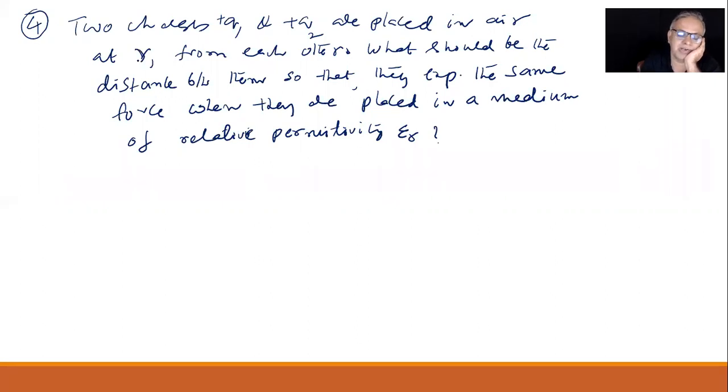They are placed initially at R1 from each other, full stop. What should be the distance between them so that they experience the same force when they are placed in a medium of relative permittivity epsilon r?